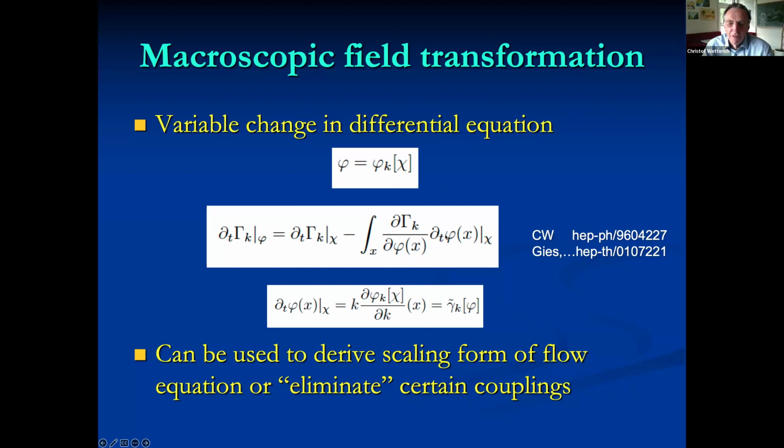You may call this the renormalization kernel for this macroscopic transformation, gamma tilde k. It is just the logarithmic derivative of phi with respect to k. That's pretty simple, and that has often been used, for example, for deriving the scaling equation for solving for fixed points and scaling solutions for functional flow equations.